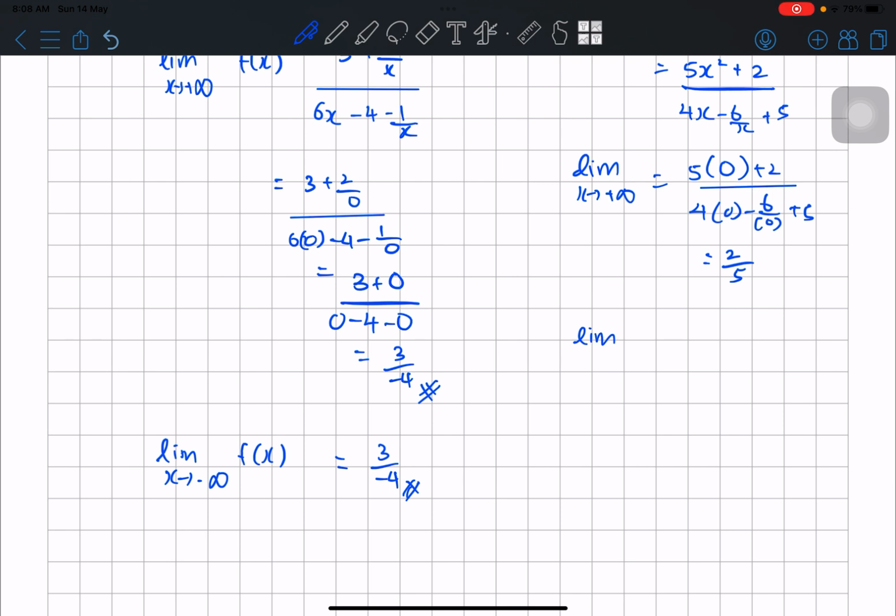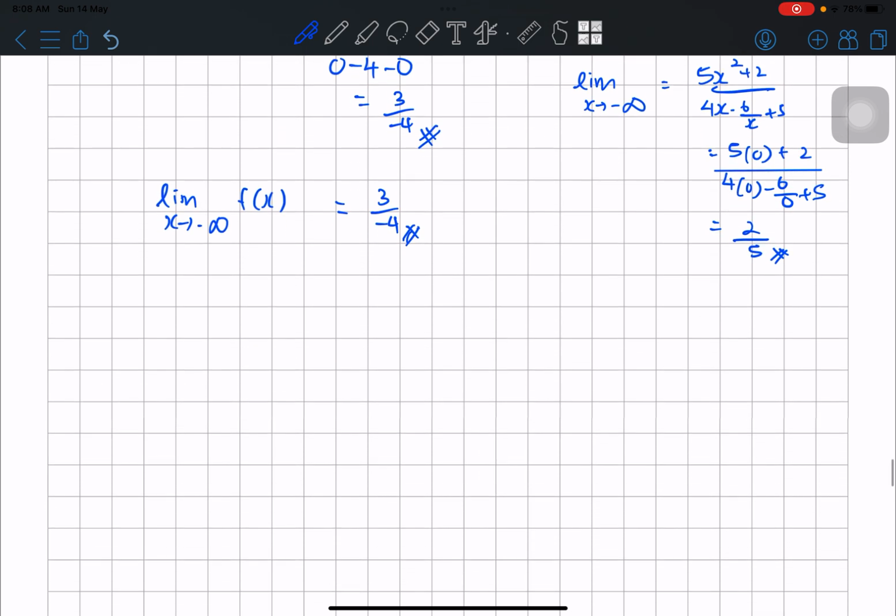And then for negative infinity. In order to find the horizontal asymptote, we have to make sure we perform both the limit as x tends to positive infinity and the limit as x tends to negative infinity. The horizontal asymptote here will be 3 over negative 4, and here it will be 2 over 5.